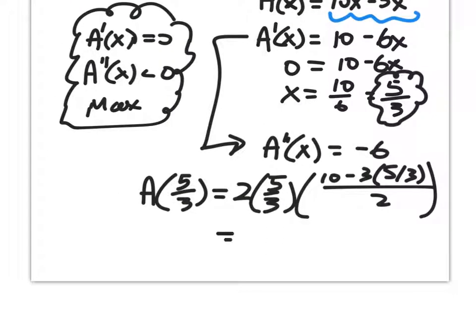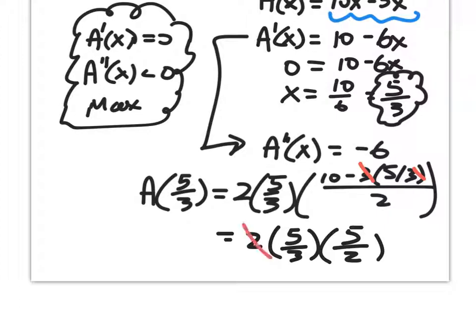So I'll get 2 times 5/3 times 10 minus 5, right? These 3's will cancel, which will be 5/2. The 2's will cancel, and it looks like I get a maximum area of 25/3.